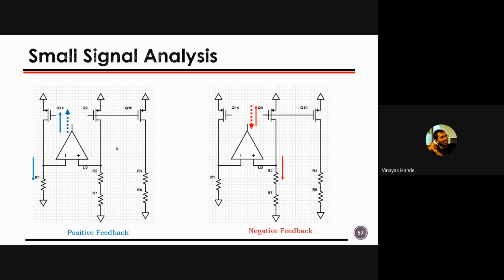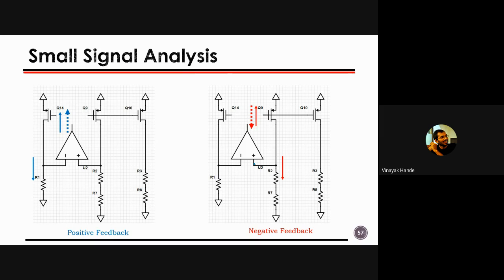So the fact you can understand from this is that even though I'm feeding back to the operational amplifier's non-inverting terminal, it is giving the negative feedback option. It means you have to study the loop. It is not that if it is feeding back your voltage to a non-inverting terminal, it is a positive feedback. It is nothing like that. You have to study the loop and figure out how that loop is behaving, and that way you can say, okay, this is a negative feedback action. It is not just that because it is connected to the non-inverting terminal, it is a positive feedback, right?